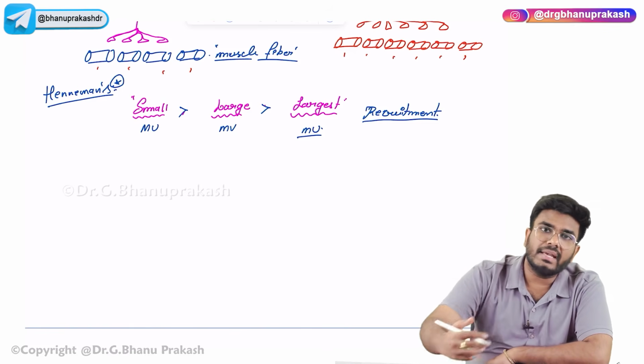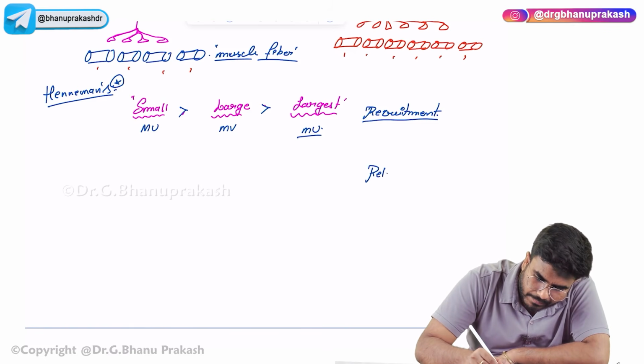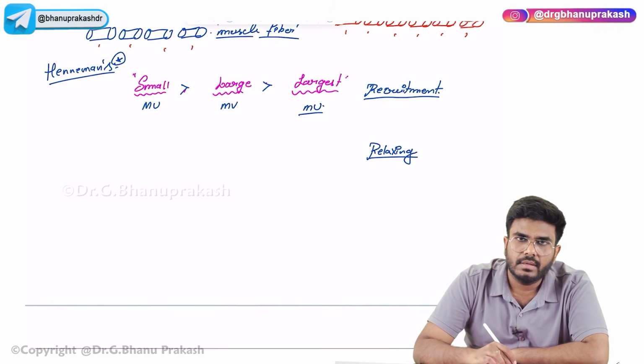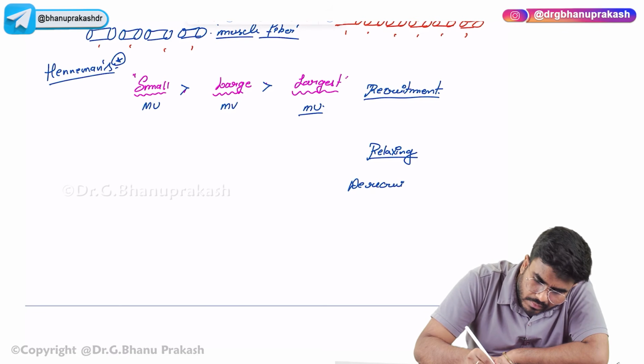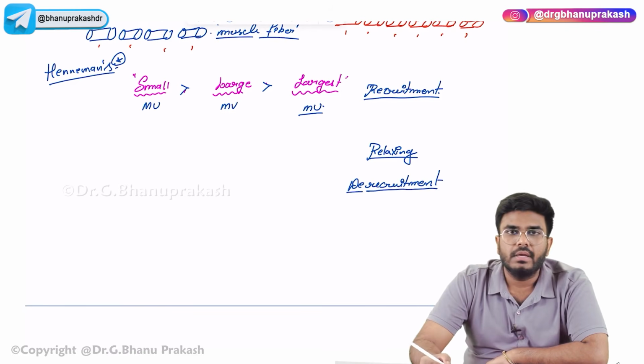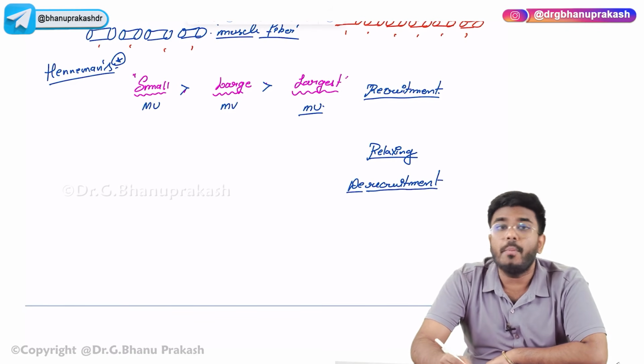But when the muscle is relaxing, de-recruitment will occur. So de-recruitment occurs in the opposite direction.